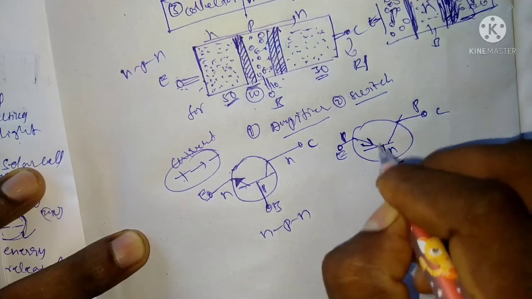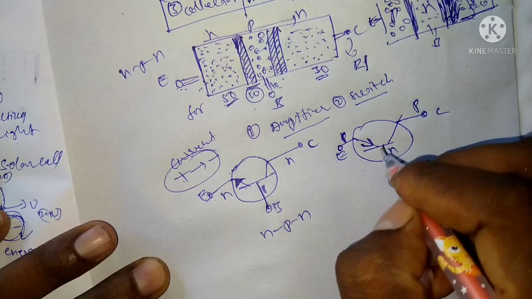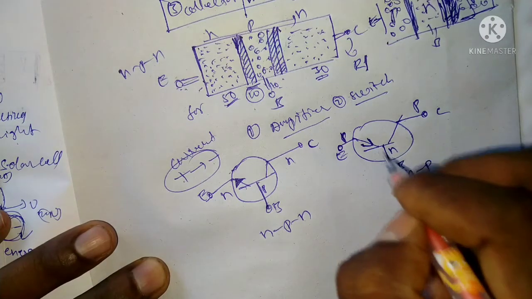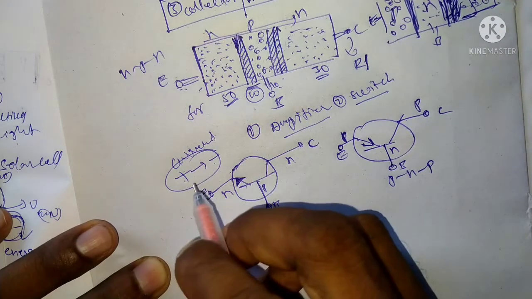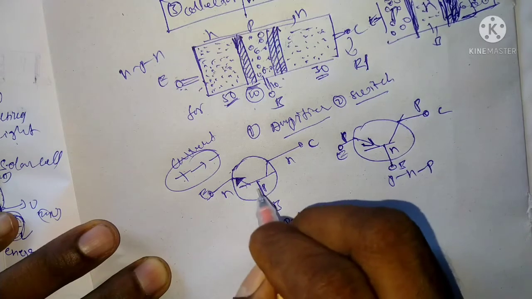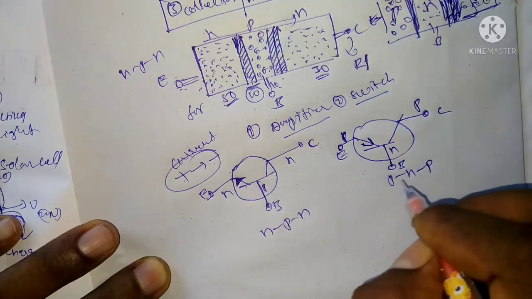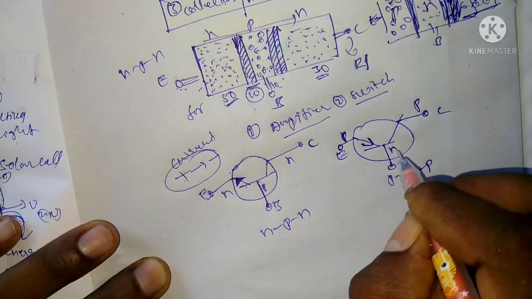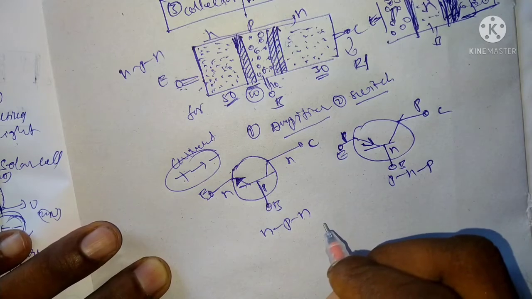That is the current direction, the current path in the PNP transistor. In the case of NPN transistor, the current direction is always positive to negative, that is P to N. P to N is the correct current direction in the PNP transistor, and in the case of NPN transistor as well.